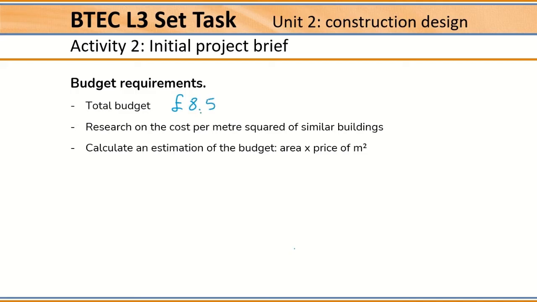You will have to research on the cost per meter squared of similar buildings, and then you will have to write down the source where you found this information. In 2024, we are going to consider that the price could be something between 1,900 and 2,200.